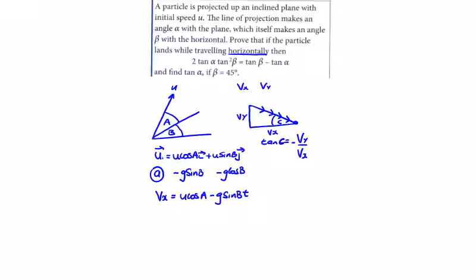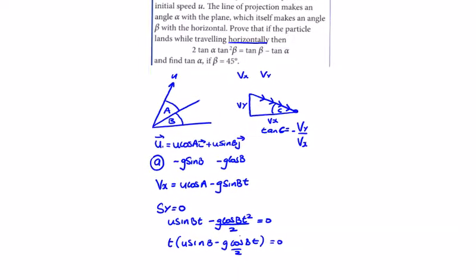So that's when s of y is equal to 0. So let's do that first. When is s of y equal to 0? We're going to have u sine alpha t plus a half at squared, so minus the acceleration g cos beta by t squared, and the half is the 2 on the bottom. So when is this equal to 0? It'll tell us the time of flight. We factor out t, u sine alpha minus g cos beta times t over 2 will be equal to 0.